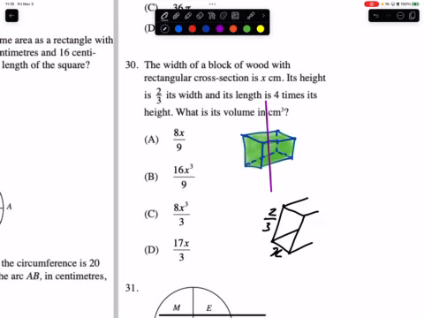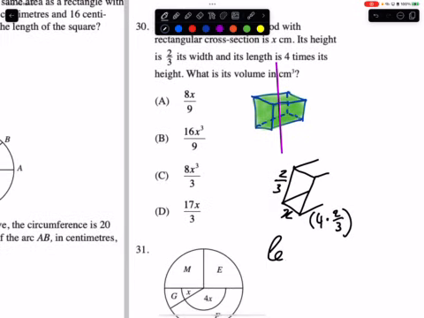This is x. So the length is technically 8 divided by 3. That's the length. 4 times 2?